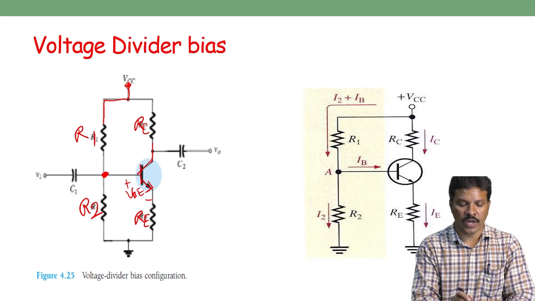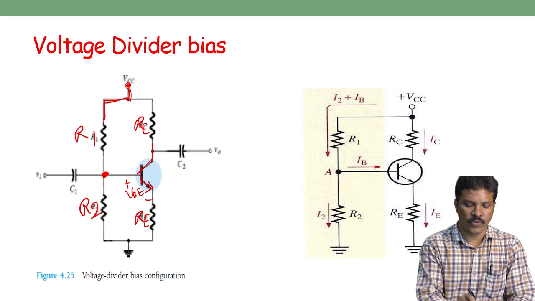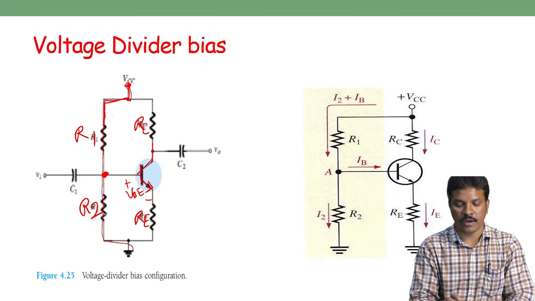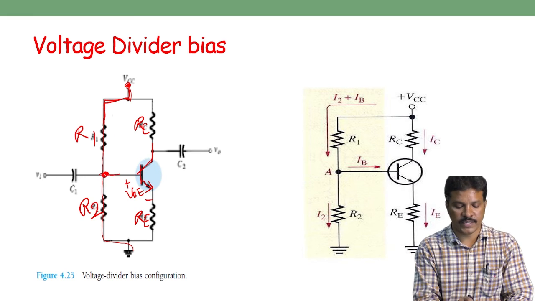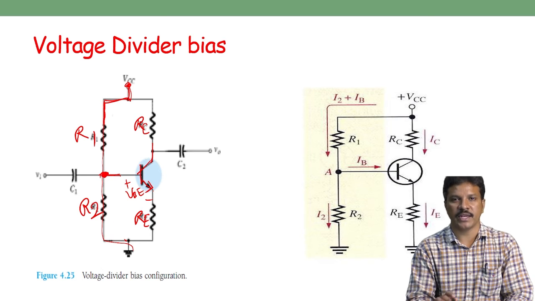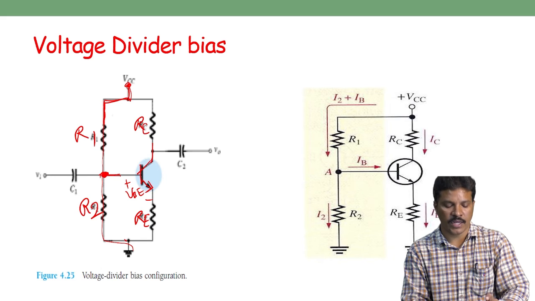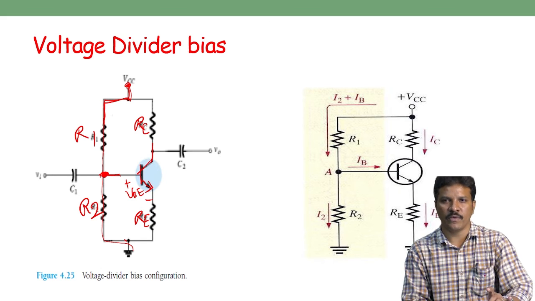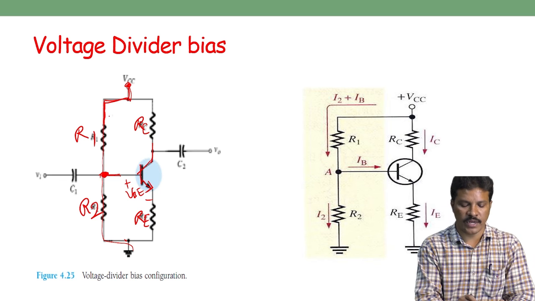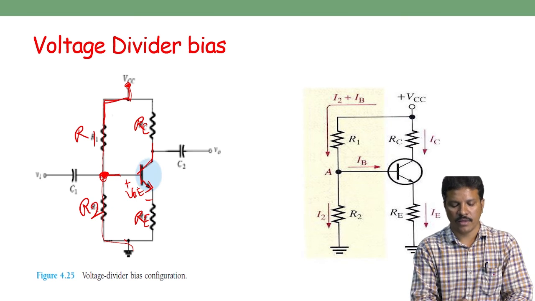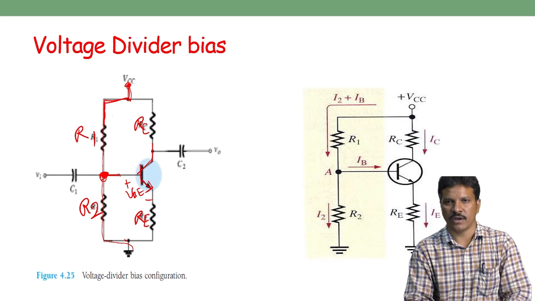So in the loop, VCC, I into R1, I into R2, these two are connected as a voltage divider. The voltage drop across R2 makes the transistor turn on. Applying the voltage division rule, total voltage into R2 divided by R1 plus R2, you will get a voltage drop across this point. That voltage makes this transistor turn on.